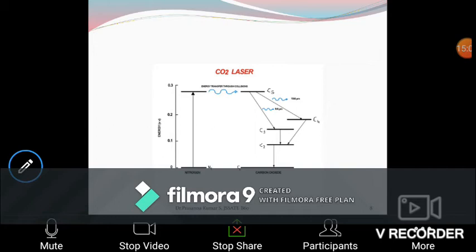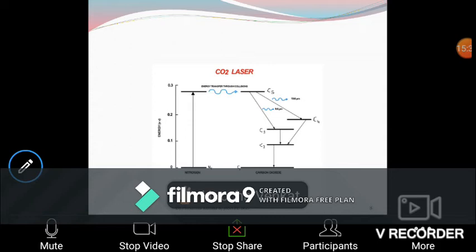You know the meaning of resonance: when two frequencies match, energy passes from one to the other. Here the energy level at N2 and the energy level at C5 are almost equal. Therefore the energy is transferred from N2 to C5.